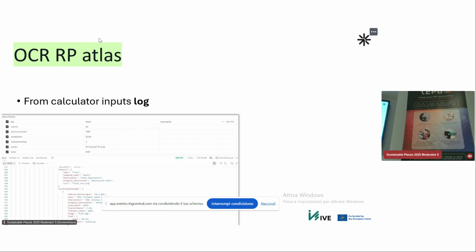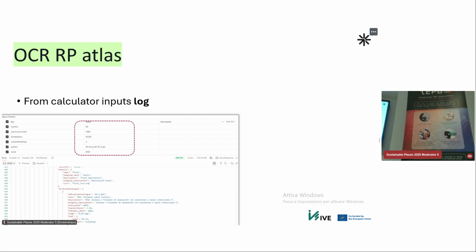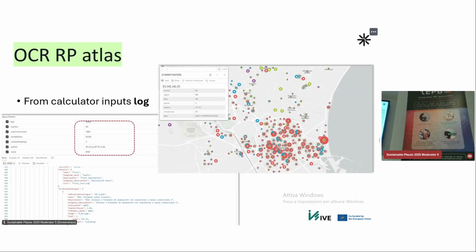And then finally, since we are working with a common data model and with a unique calculator, even if we are using different front ends, what we have been doing is trying to build a repository with all the codes to this calculator, so we can start building a common, harmonized data set.